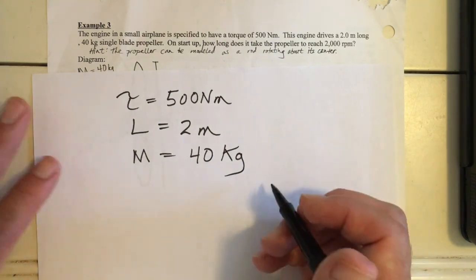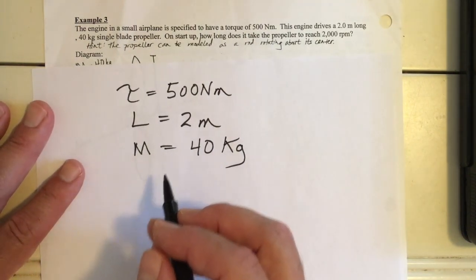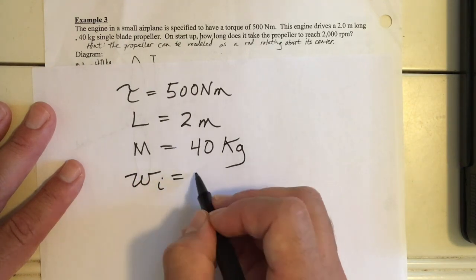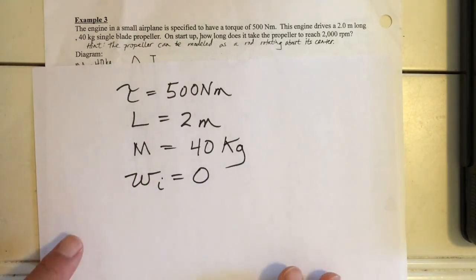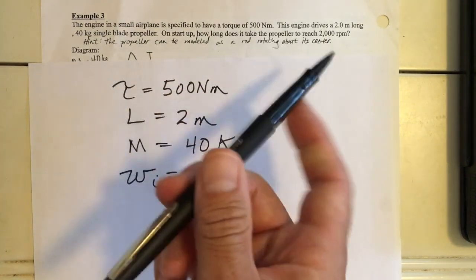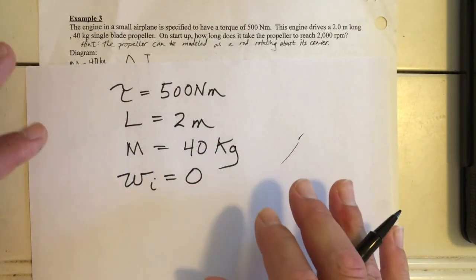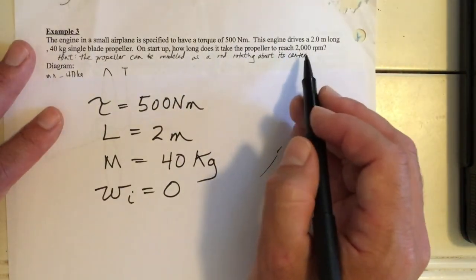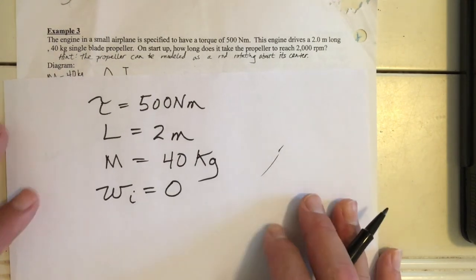On startup, startup means our initial velocity is going to be 0. It's not spinning, right? And then we're going to give it this torque, cause it to start spinning, and it's going to reach a final angular velocity, they tell us, of 2,000 revolutions per minute.